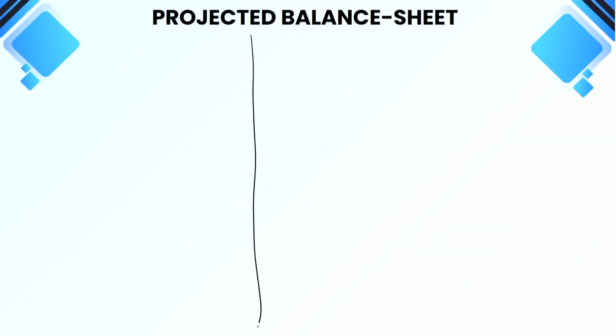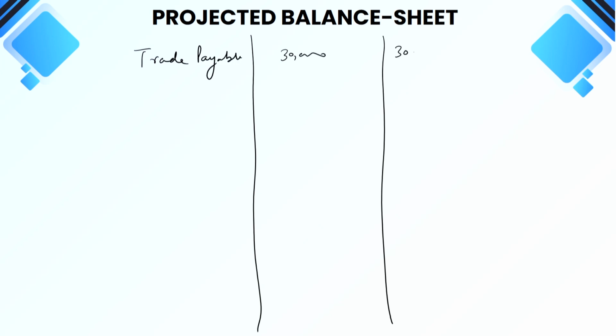Now we are going to find the percentage for our current liabilities, which is trade payable. Trade payable, the amount given is 30,000 compared with 6 lakh, 5%.